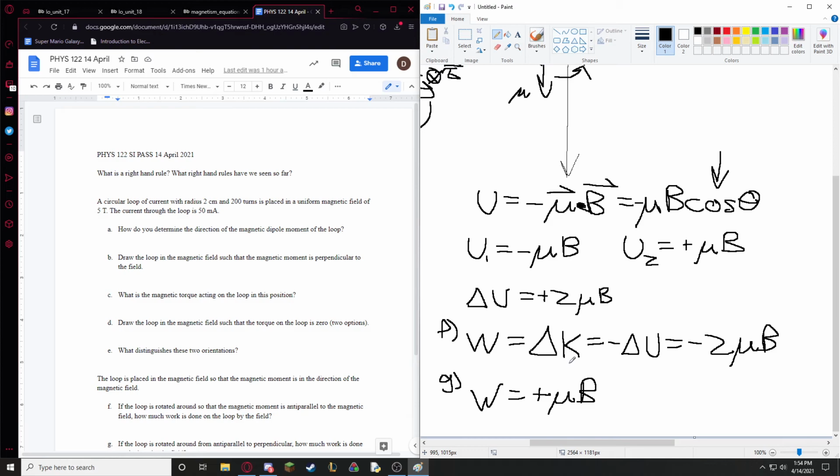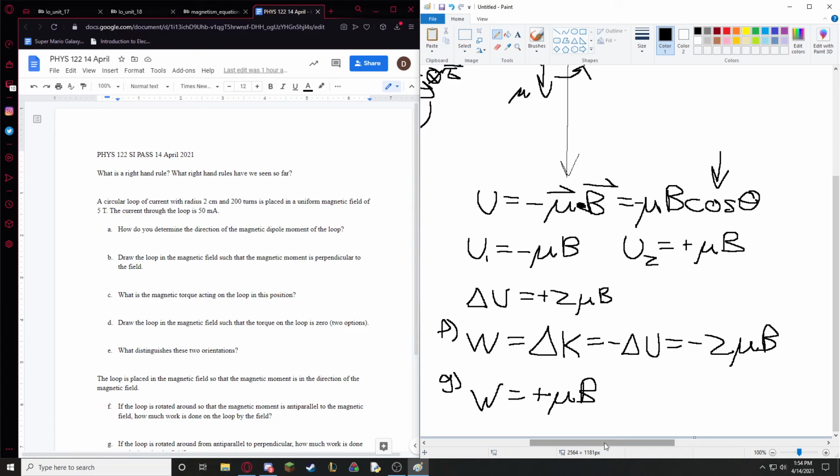Honestly, I understand why you're confused, and literally the only way I can think of it, back when I was learning this, is let's say you take a 1 kilogram ball and you lift it up, let's say, 1 meter.